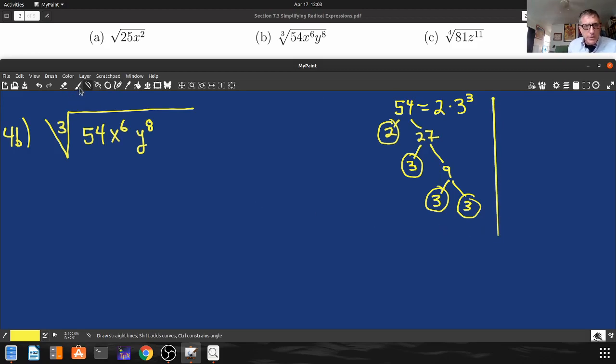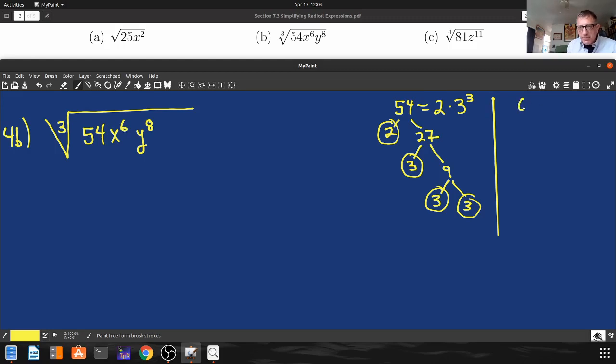I want to do the same thing with x to the 6th. So here is my power, and here is my index.